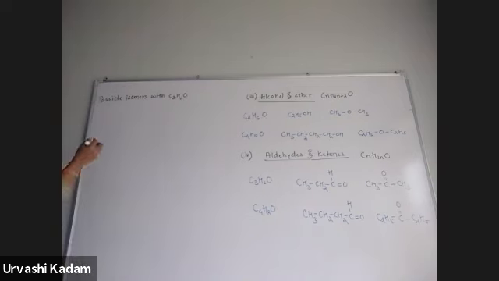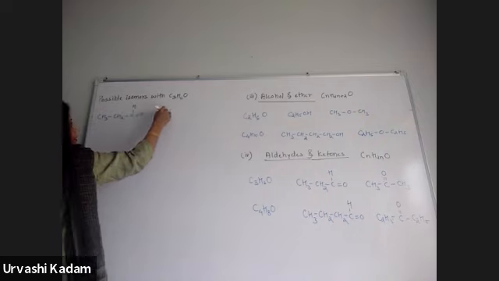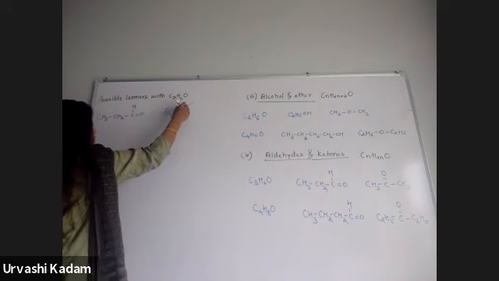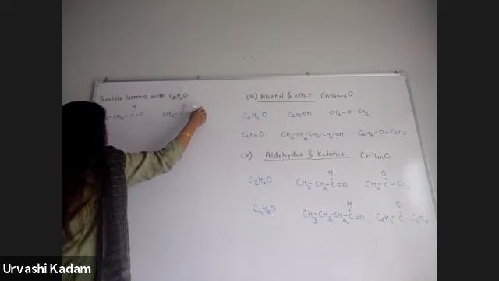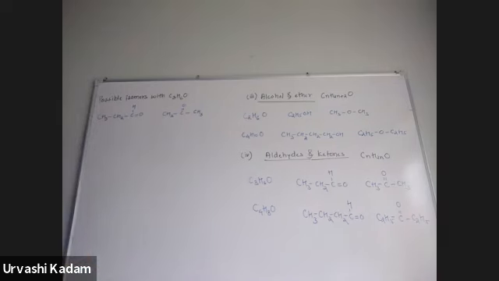So one is a 3-carbon aldehyde, a 3-carbon ketone, and I was telling you now I can put a double bond and write alcohol here. So I can have CH2=CH-CH2OH, and this will also have same formula C3H6O.